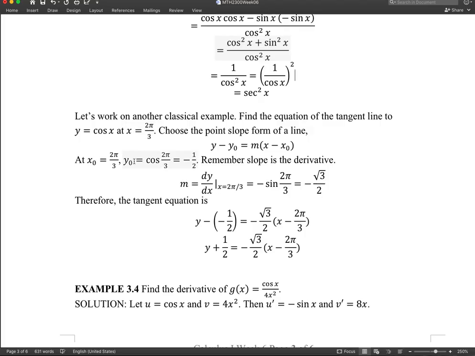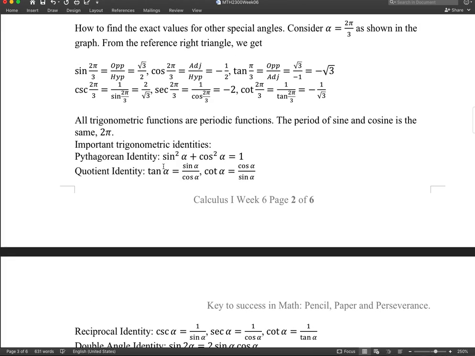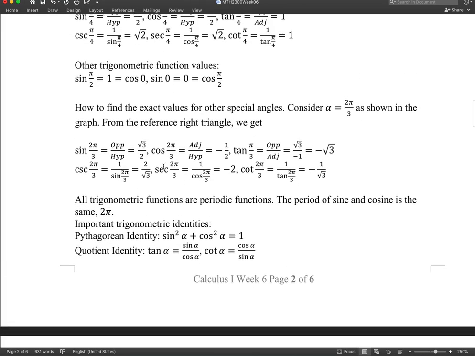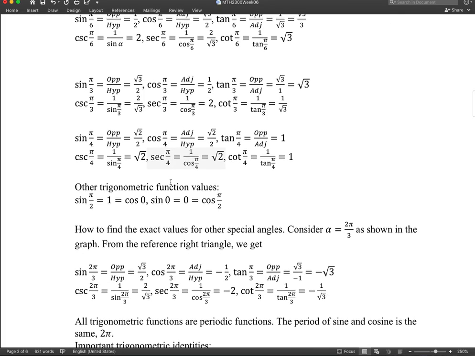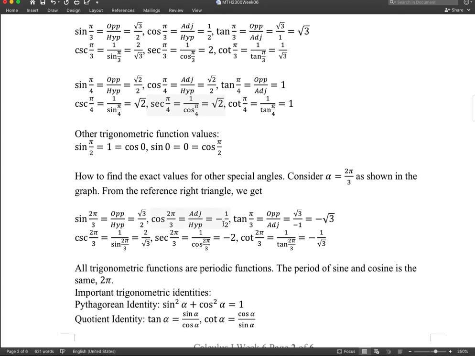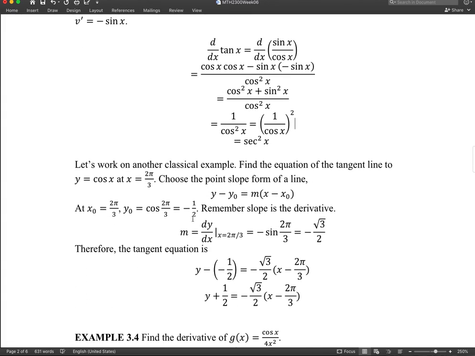Accordingly, y naught would be the function value, so cosine of 2 pi over 3. Remember, we did calculate those values in the other part we reviewed a moment ago. Cosine of 2 pi over 3 tends to be negative. So I got the value negative 1/2 here. This forms that given ordered pair x naught, y naught.